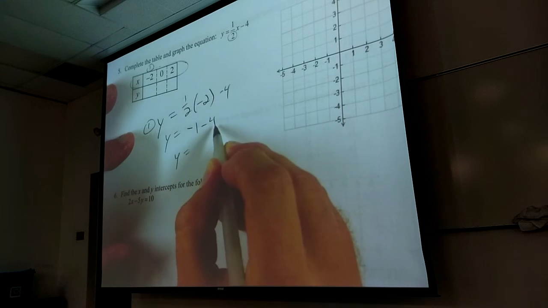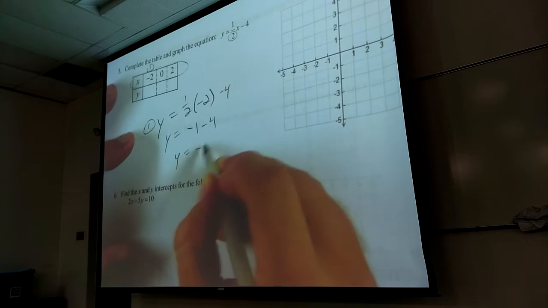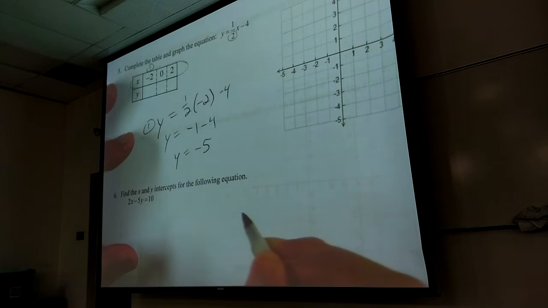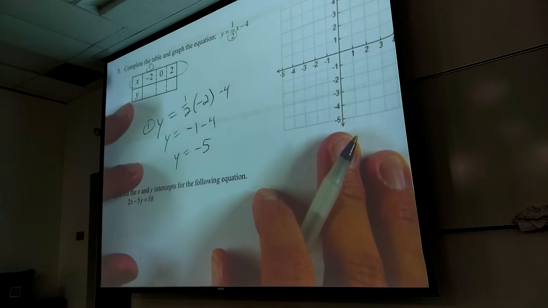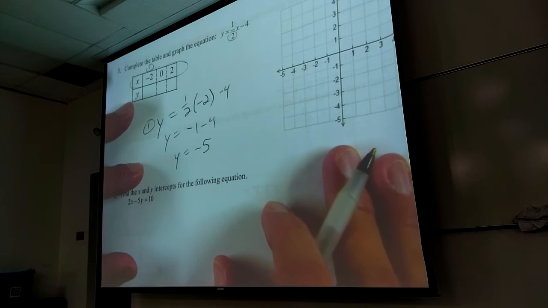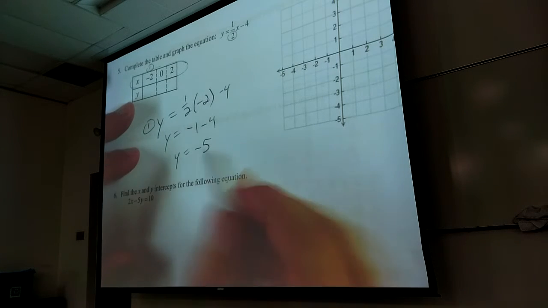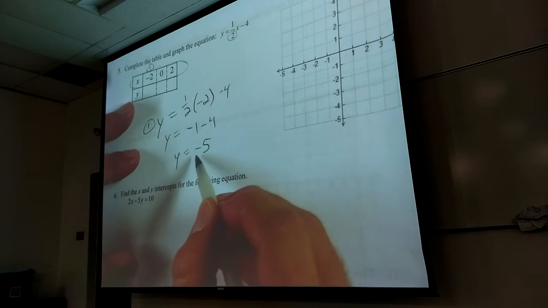And what's -1 minus 4? -5. If you still have trouble with signed numbers and adding, subtracting, that is just never going to go away, and it's just going to continue to make you lose points. So you ought to come see me, right? When they're the same sign, you add them and put the sign back on.